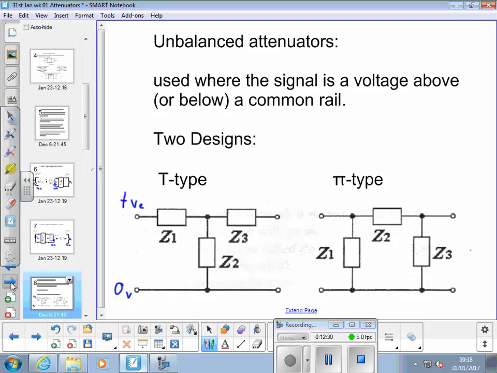And then you can have T-type configuration and pi-type configuration attenuators. For obvious reasons, they will be different.